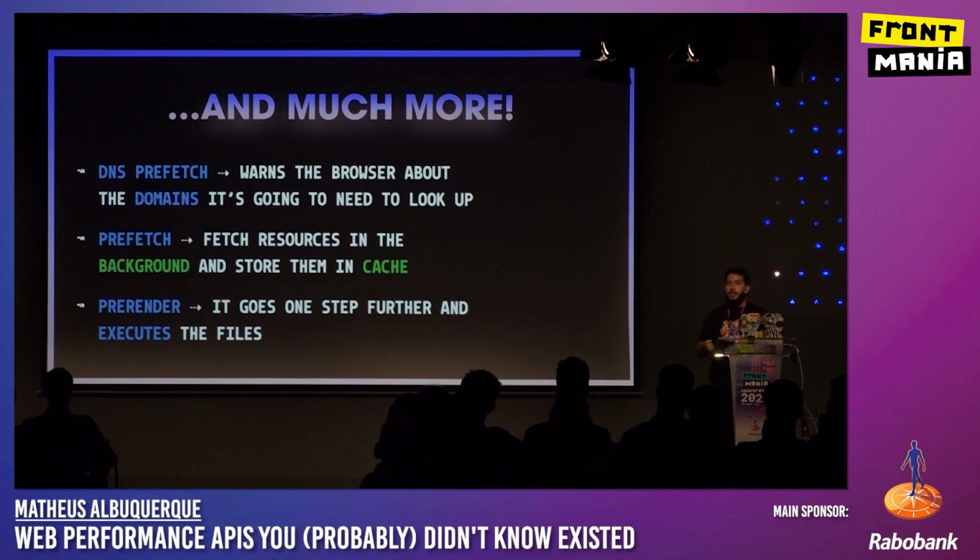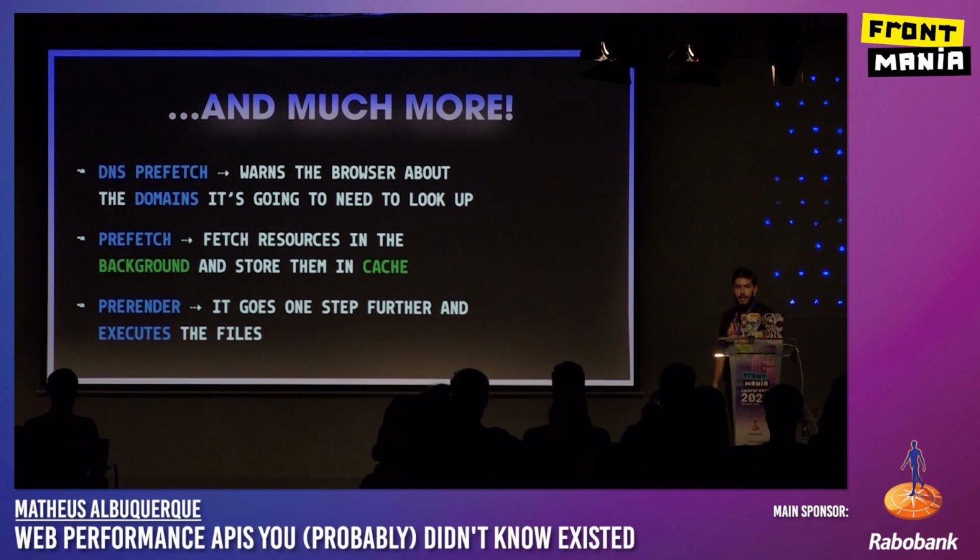So let's say we have an overall idea of the whole path of our app, and we know maybe by analytics that the users, after going to one route, tend to navigate to another route. If we have numbers showing that, we can, for example, start prefetching that one so that when they move, a lot of things have already happened. And we can even have prerender, which is one step further than prefetch, and not only are we going to fetch, but we're going to actually run the code in response to that.